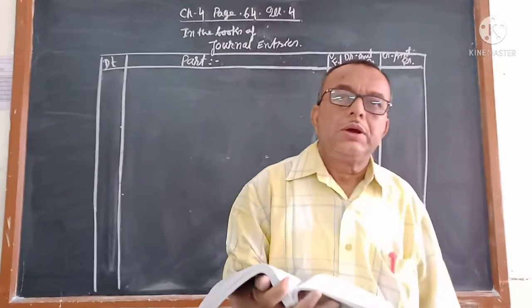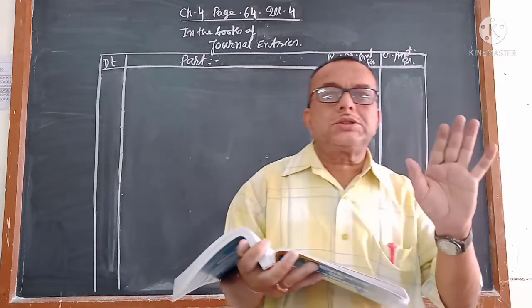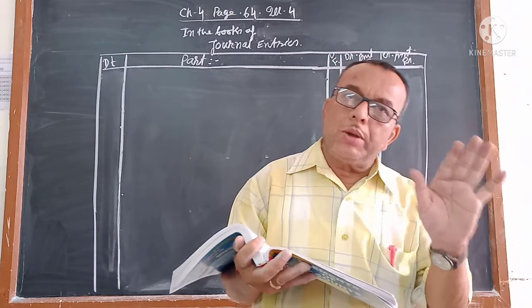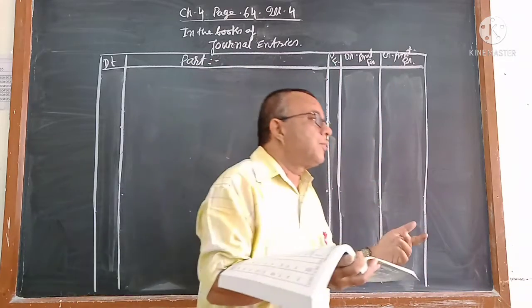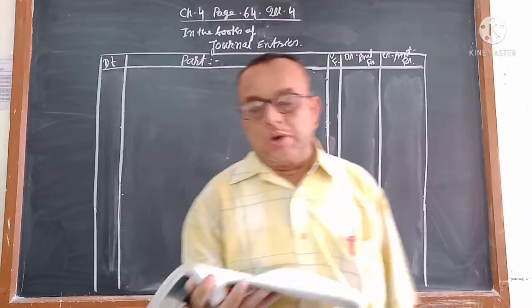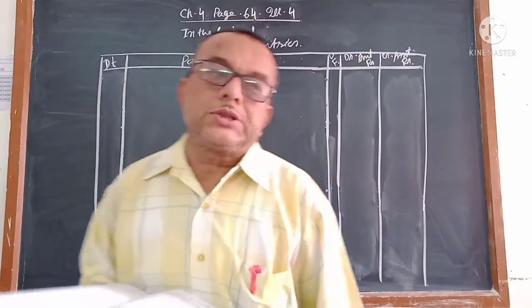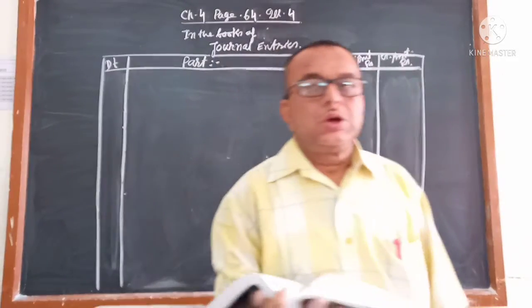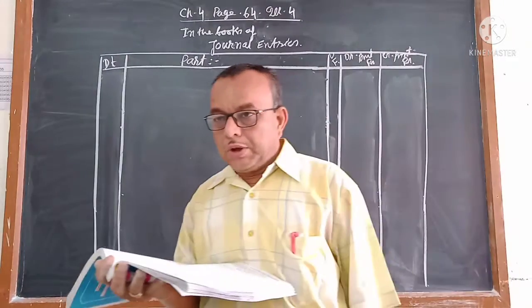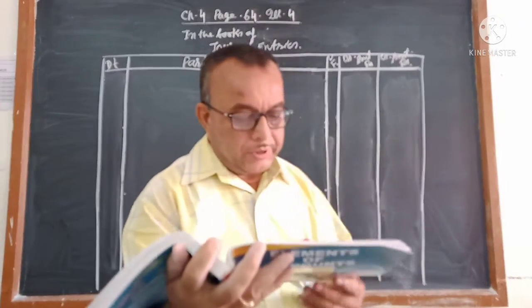But most of the transactions you will be able to understand, though a few doubts may come to your mind: why it is debit and why it is credit, and how much amount, why this amount is debit or credit. That only I want to explain from this textbook. Here I am not writing the answers one by one, so let us follow what is given.